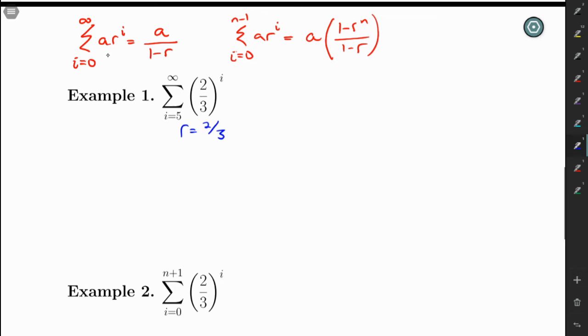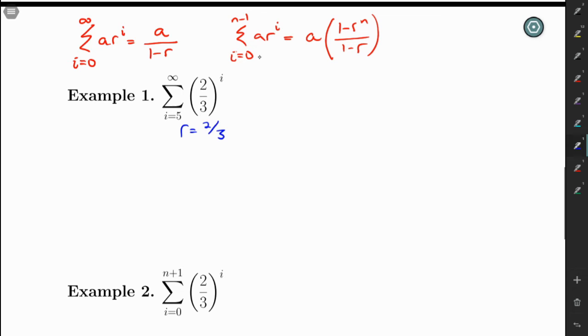However, we cannot apply the formula directly because in the formula the starting index is i = 0, and in our case the starting index is i = 5. What we can do is compute the entire sum from 0 to infinity, and then subtract off the first 5 terms that we overshot.